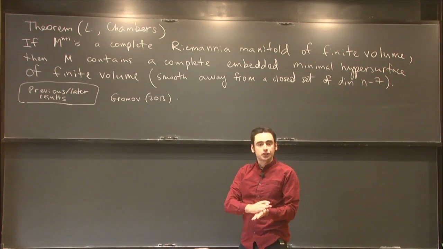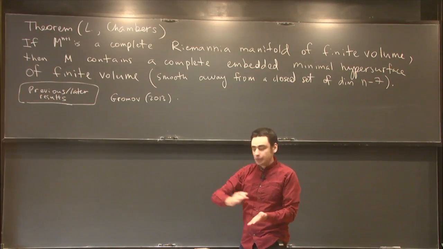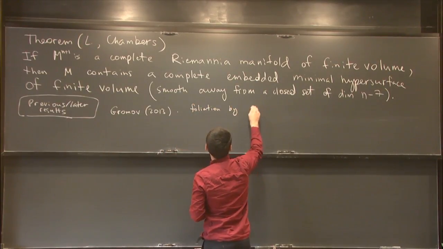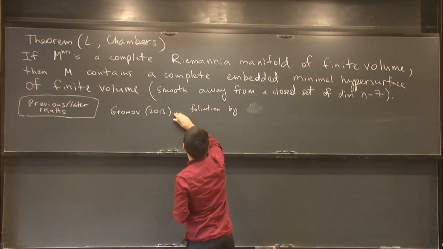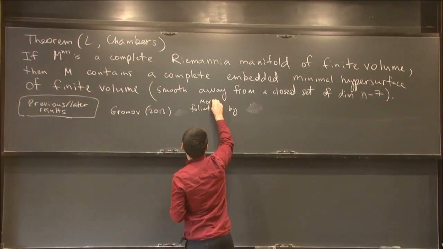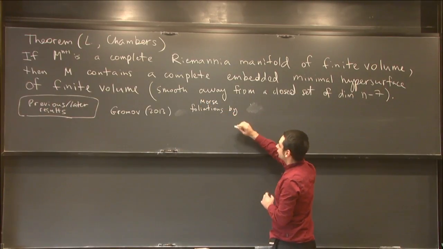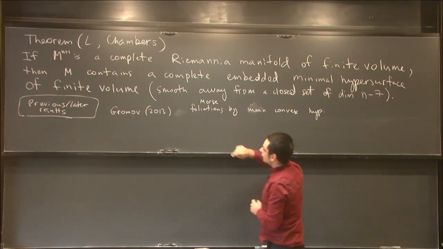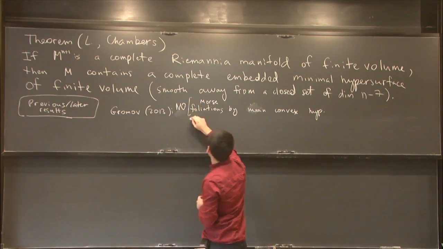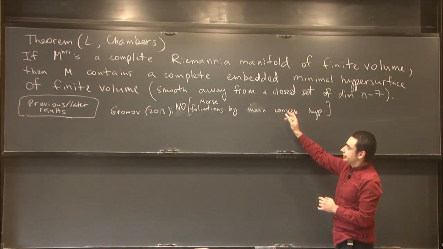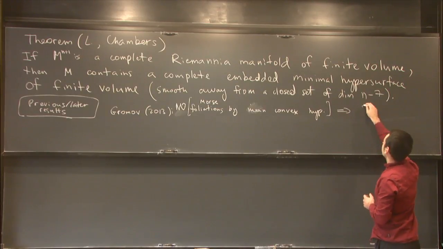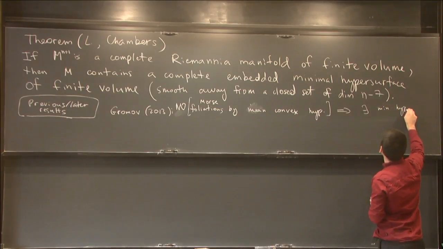He considers manifolds which admit Morse foliations, so he allows certain kinds of Morse singularities, by mean convex hypersurfaces, and if the manifold doesn't satisfy this condition, if it doesn't have any Morse foliations by mean convex hypersurfaces, then he proves that there exists a minimal hypersurface of finite volume.